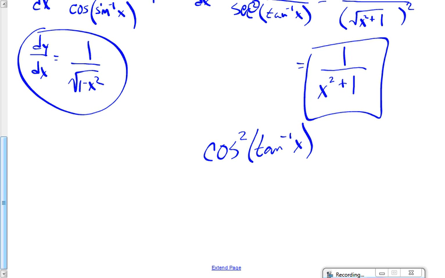Now you could go through that if you wanted to. I'm willing to bet if you drew the triangle, it would work out the same. I don't want to do it today, but you can convince yourself by drawing the triangle and doing cosine squared of inverse tan. I bet you get 1 over x squared plus 1. I don't bet though. If I were though, I'd bet on it. Good observation on that too. Yes, secant squared is 1 over cosine squared. Another question.